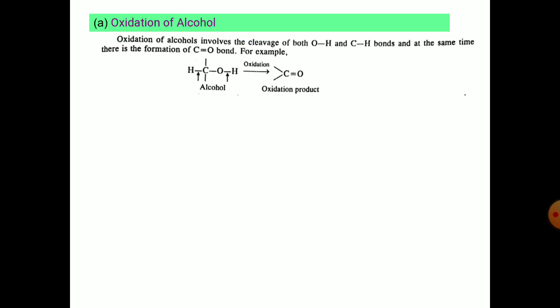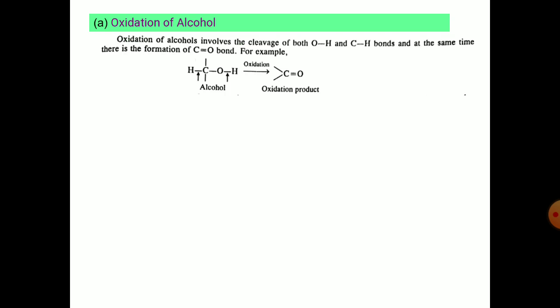Now we shall discuss another property, which is known as oxidation of alcohols. Oxidation of alcohol involves the cleavage of both O-H and C-H bonds, and at the same time there is the formation of a C=O bond.